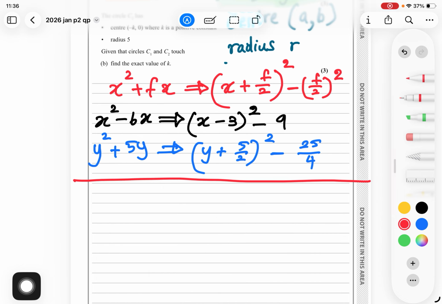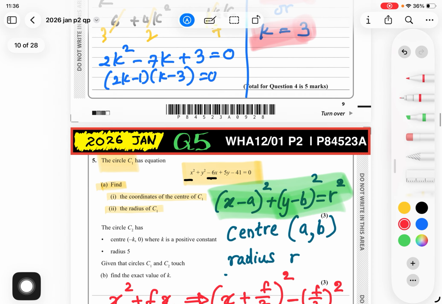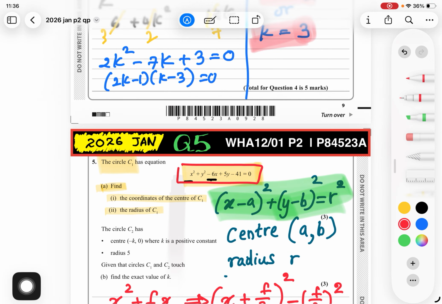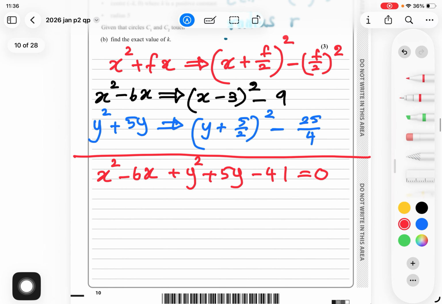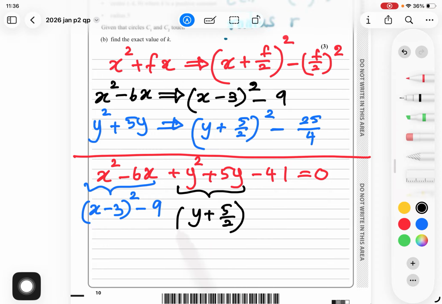Here what we got was x² − 6x + y² + 5y − 41 = 0. This is the very first equation they provided for C1. With the answers that I have, this is going to be (x − 3)² − 9, and this is going to be (y + 5/2)² − 25/4.